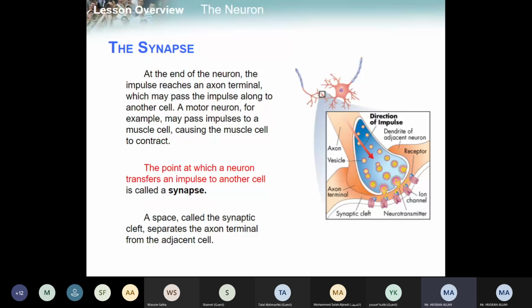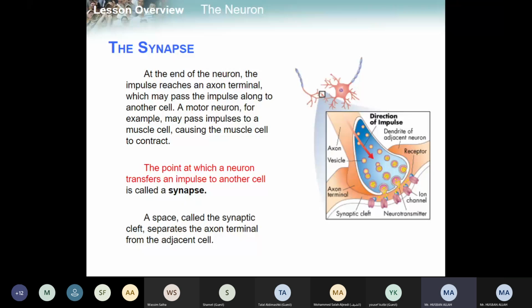At the end of the neuron, the impulses reach an axon terminal, which may pass the impulses along to another cell. It means that when the impulse is produced, it will travel from the dendrite toward the cell body, and from the cell body to the axon, and from the axon to the axon terminal.